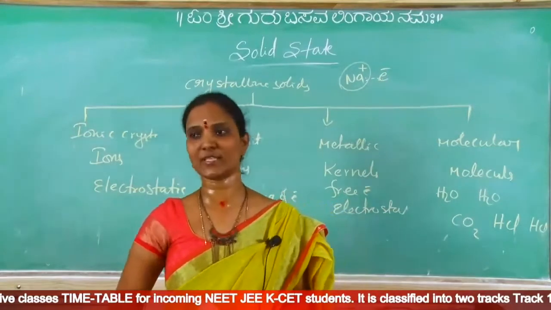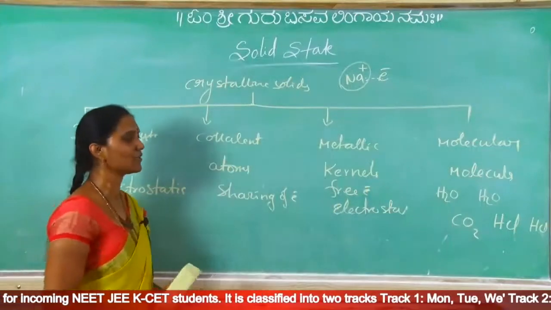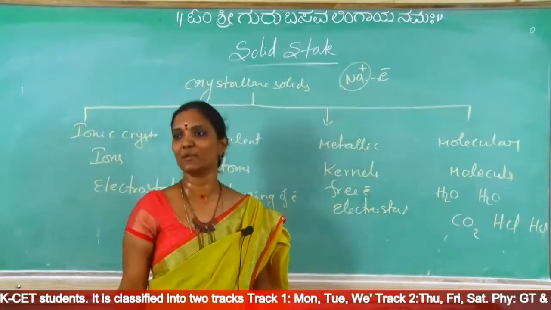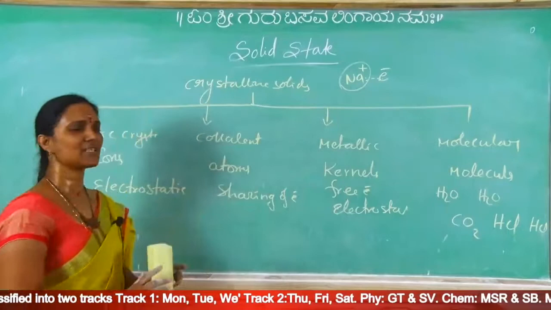Here only electrostatic, here sharing of electrons, and here electrostatic. For molecular crystals all of these are the answer, because different types of interactions are there. These are the interactions in different types of crystalline solids.